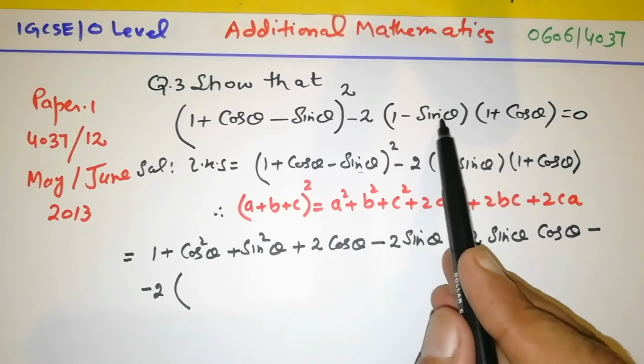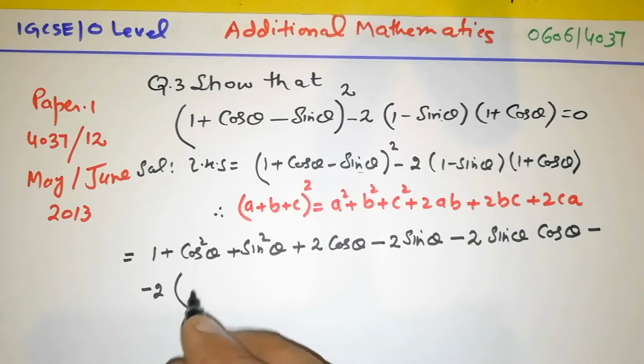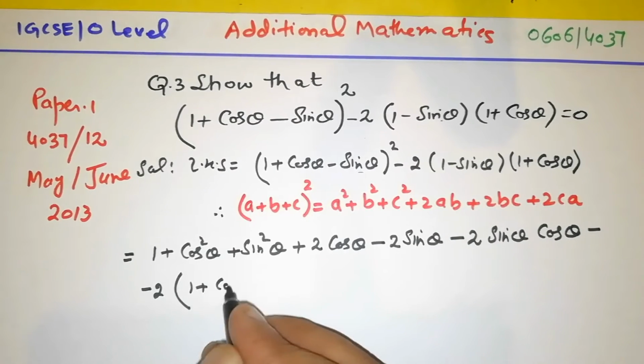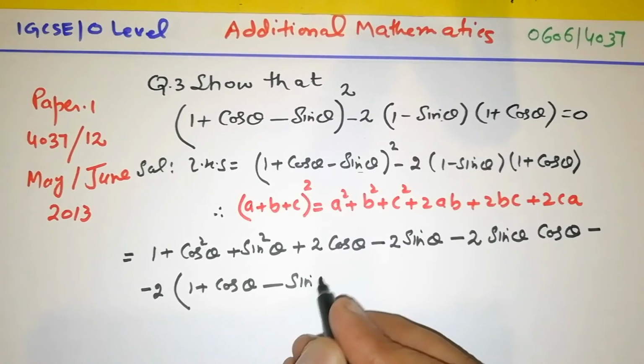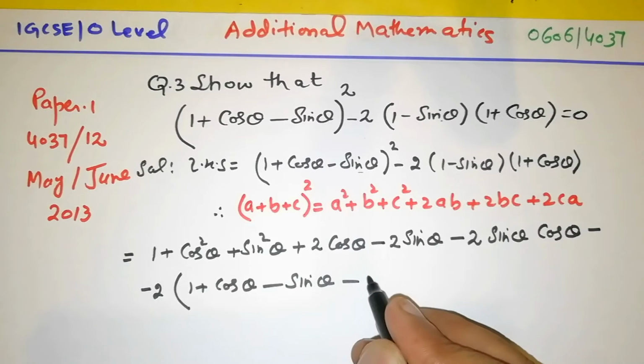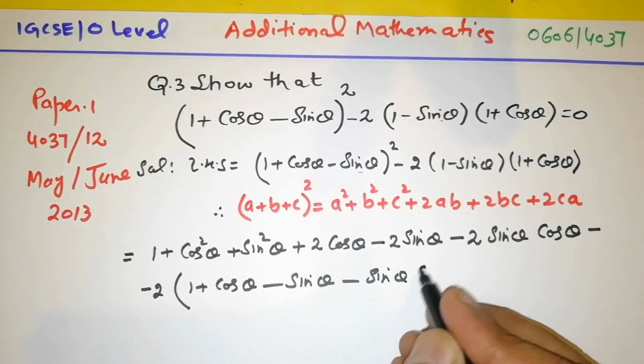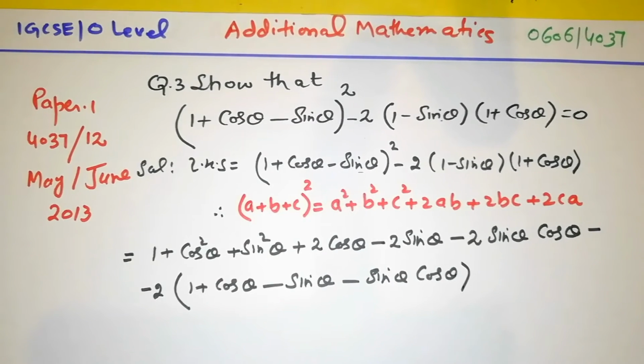Now we multiply these two terms, these two terms. Therefore we have 1 plus cos theta and minus sin theta and minus sin theta cos theta. So we see here, this sin square plus cos square is 1.